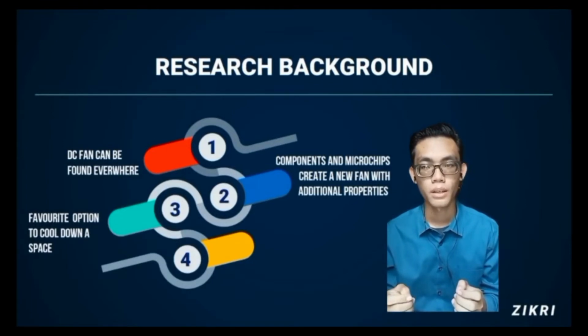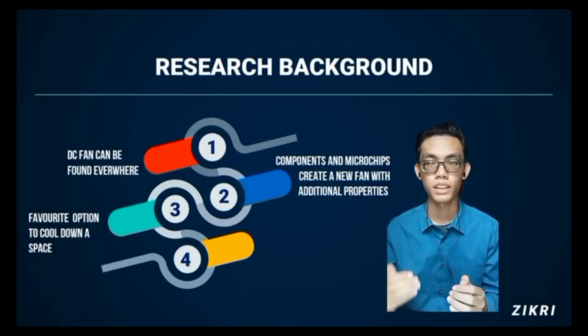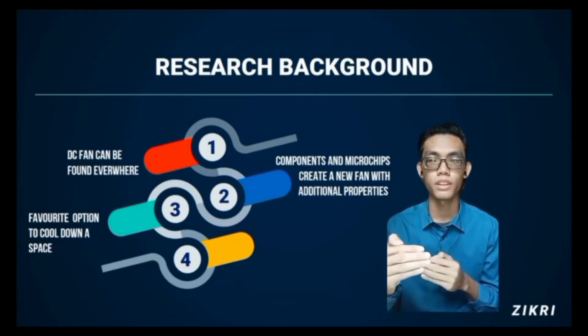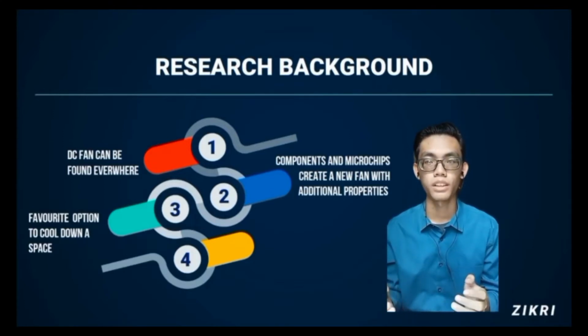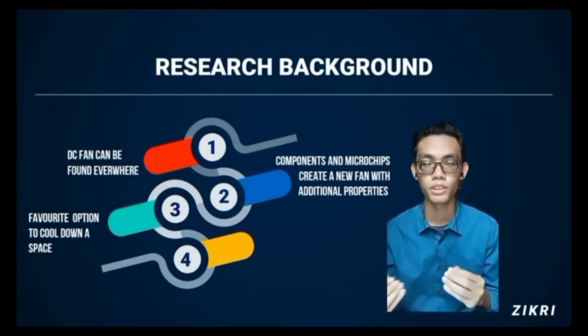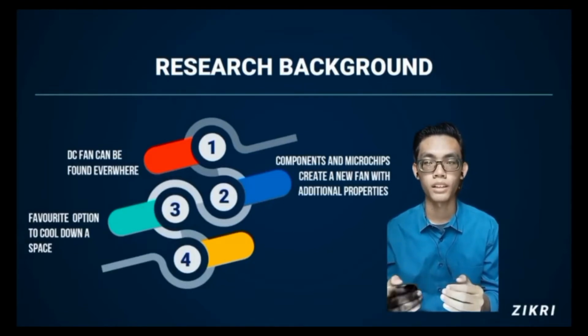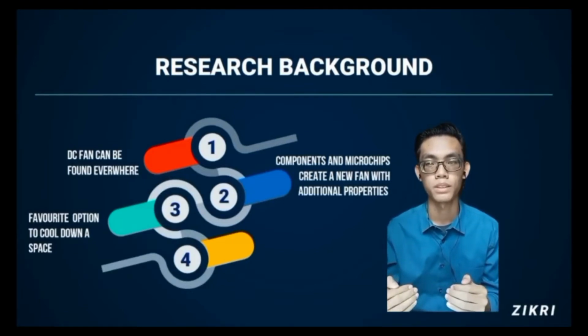This can be done by implementing specific components like microchips to extend the functions of the DC fan to not just give a cooling effect, but to also help counter other problems.